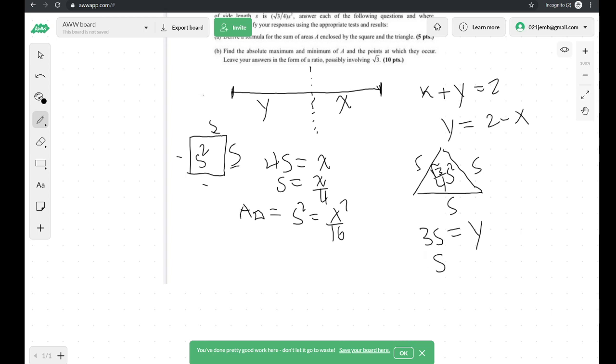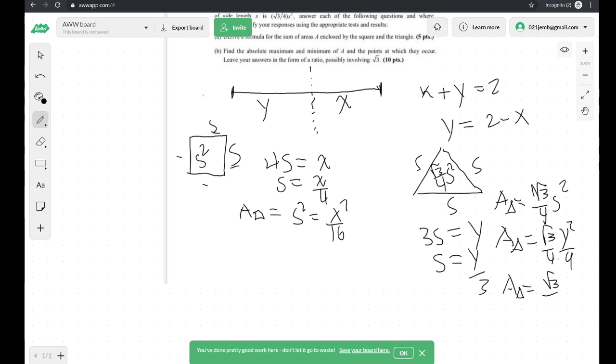So s equals y over 3, and the area of the triangle, radical 3 over 4 s squared, in terms of y is radical 3 over 4 times y squared over 9. 9 times 4 is 36, so the area of the triangle is radical 3 over 36 y squared.